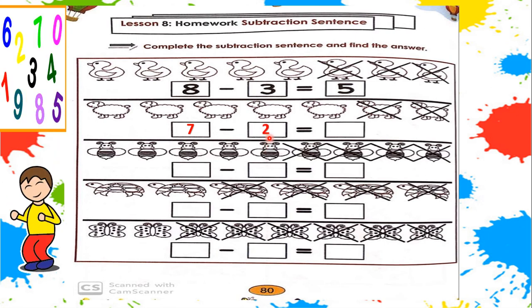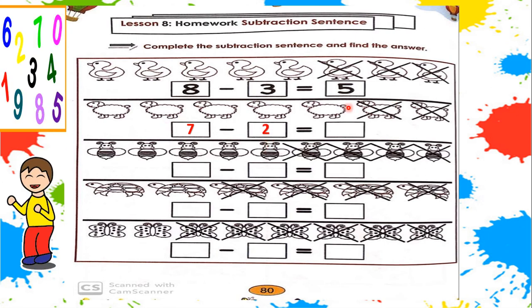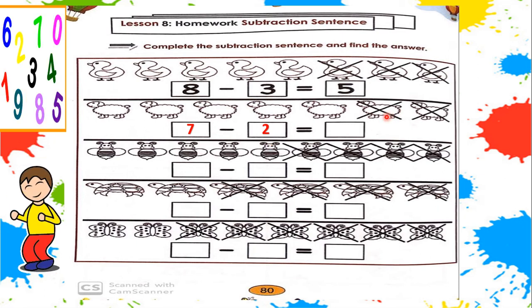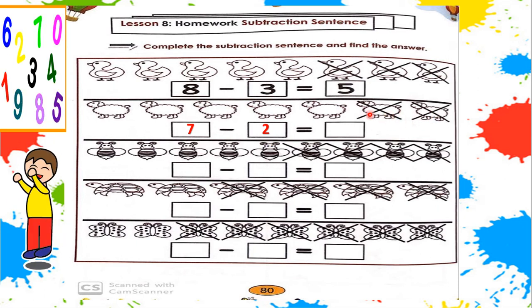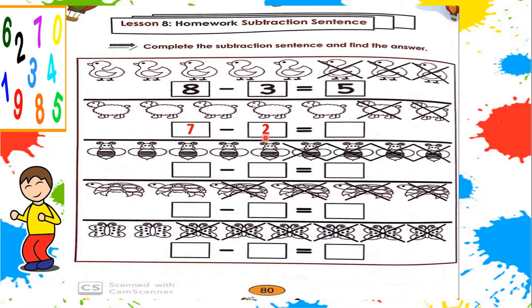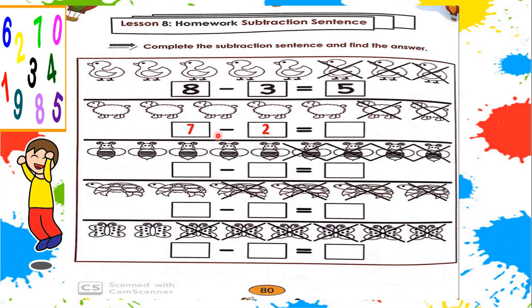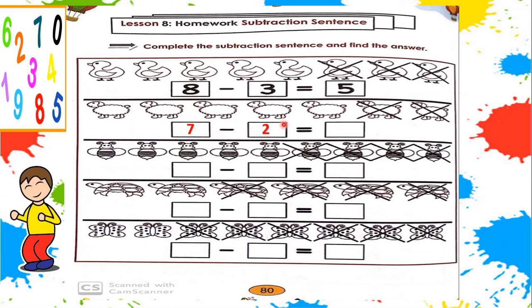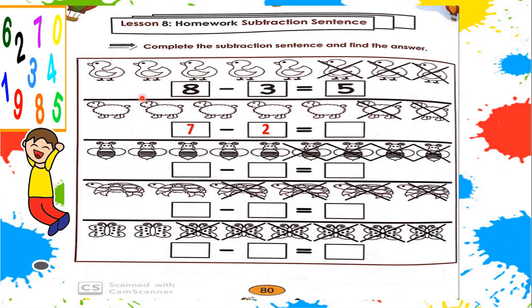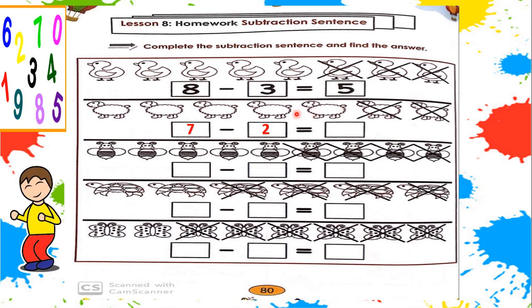It means after you count all, you are going to count the number of x's. And here in this illustration, we have 2 x's. So we are going to write 2 here. So 7 minus 2. So this time, we are going to write the number of objects without x.